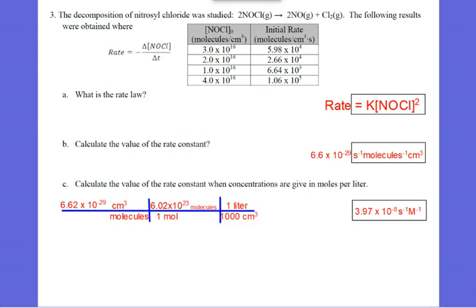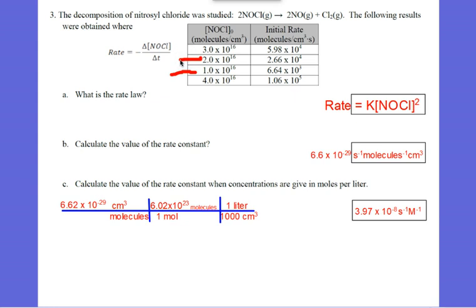Number three, we have a compound that's decomposing. It's one molecule breaking down, and we have a whole bunch of values we can test. You could pick a bunch of them. I would definitely pick this value here, and then you could pick any of the other four. I do best with things being doubled, so I would probably pick this value here.